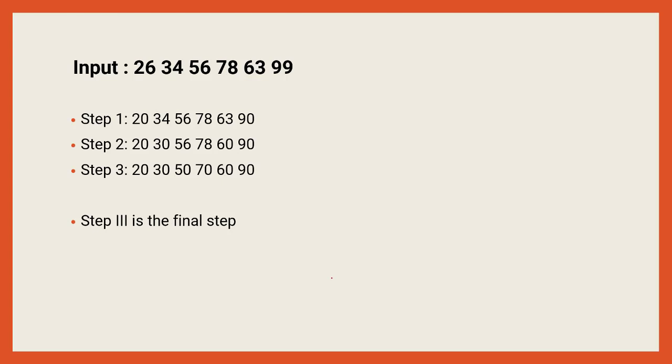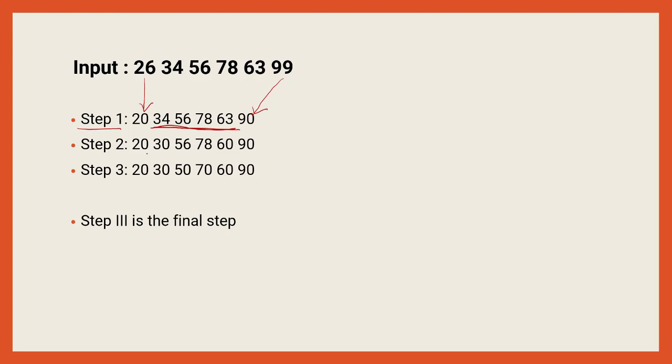So here is the first example where we have the input string consisting of numbers 26, 34, 56, 78, 63 and 99. In step 1, you observe that these four numbers have remained the same, but in place of 26 we have 20 and in place of 99 we have 90.